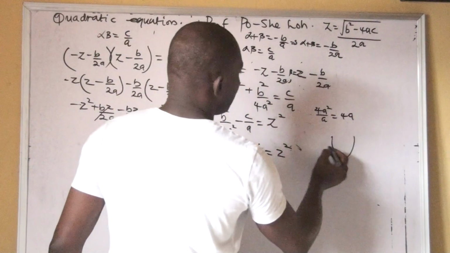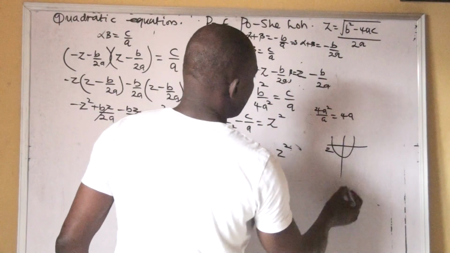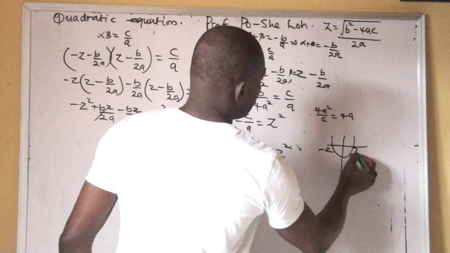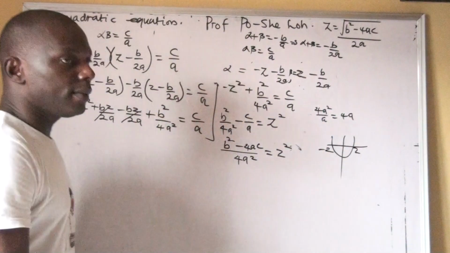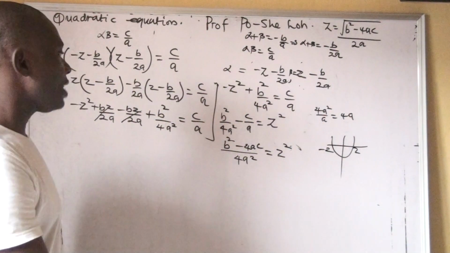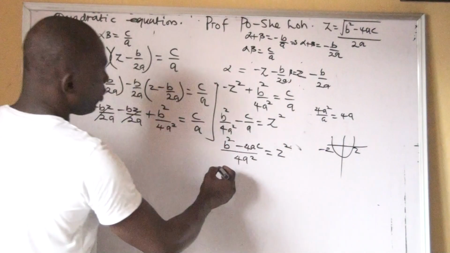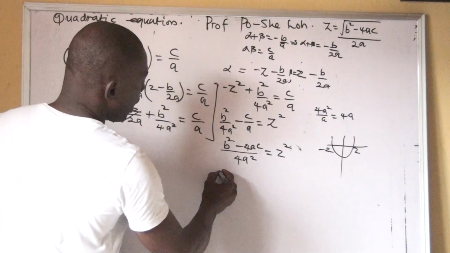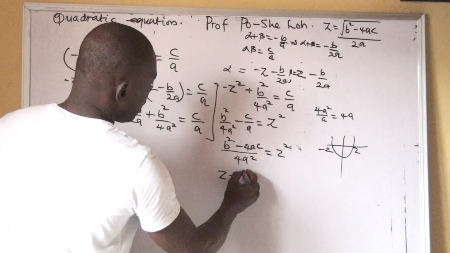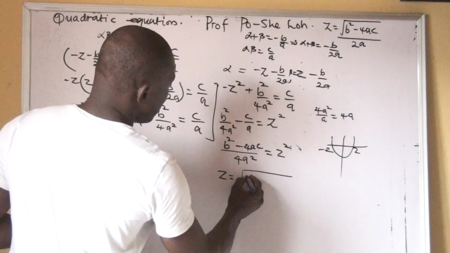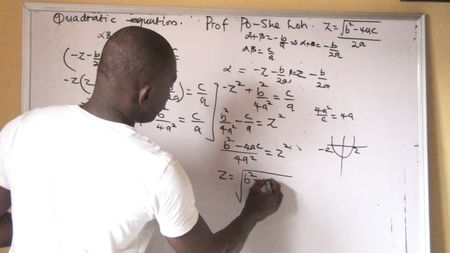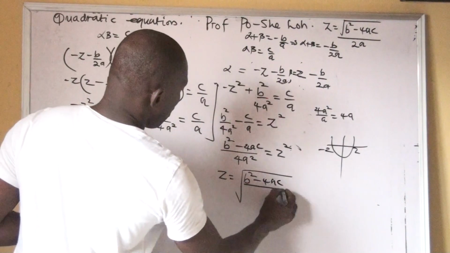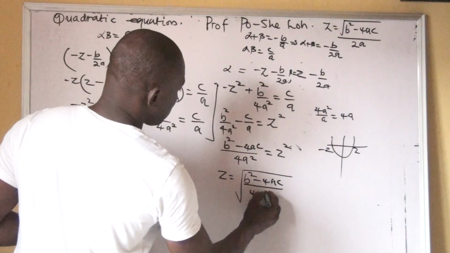So there's no negative in this aspect. So we take the square root of both sides, so that z becomes a square root that will cover everything here, b squared minus 4ac all over 4a squared.